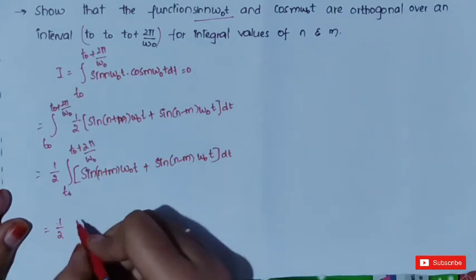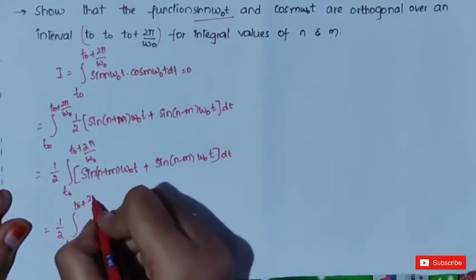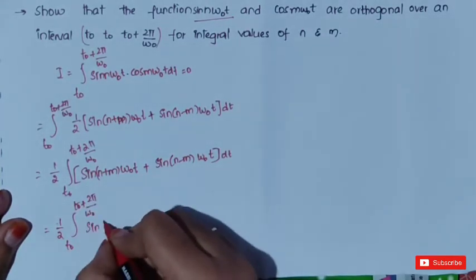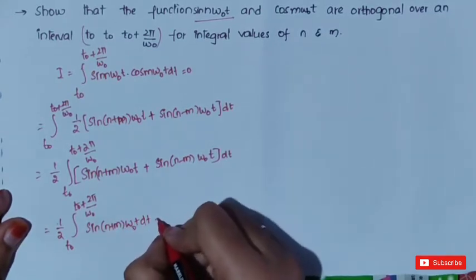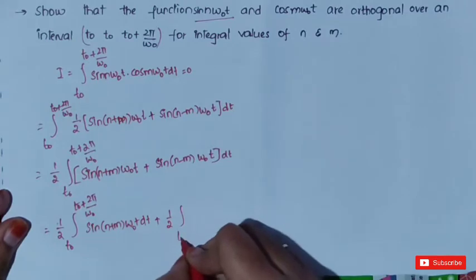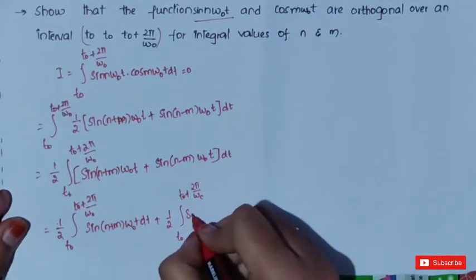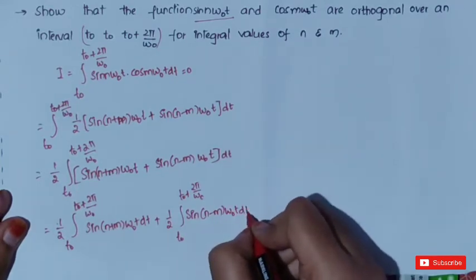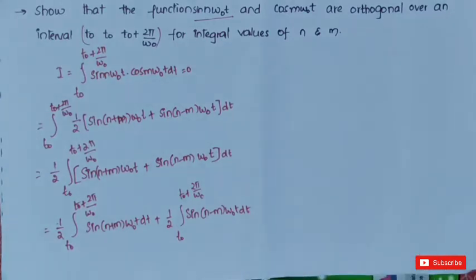So 1 by 2 integral t naught to t naught plus 2 pi by omega naught sin (n plus m) omega naught t dt plus 1 by 2 integral t naught to t naught plus 2 pi by omega naught sin (n minus m) omega naught t dt. What is integral sin theta? Integral sin theta is nothing but minus cos theta.